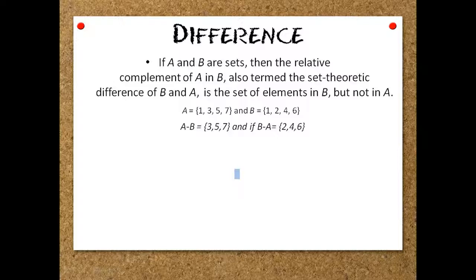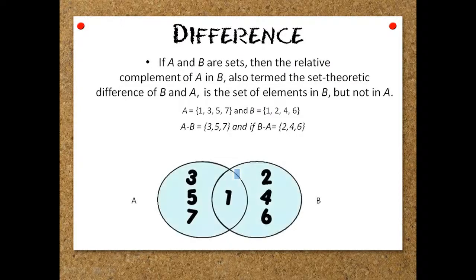So we have here 1, 3, 5, 7, and 2, 4, 6. This is originally our Venn diagram. If we're going to deduct B from A, of course, we're not going to choose any elements inside the set B. So in this case, if we deduct B from A, the remaining will be 3, 5, 7.